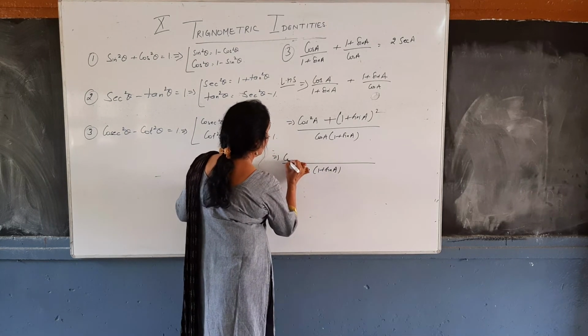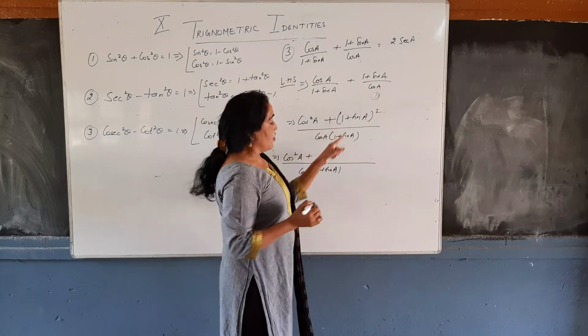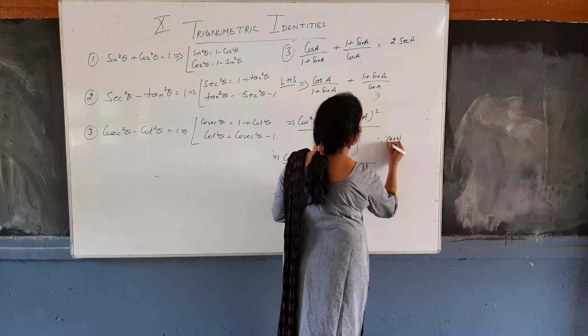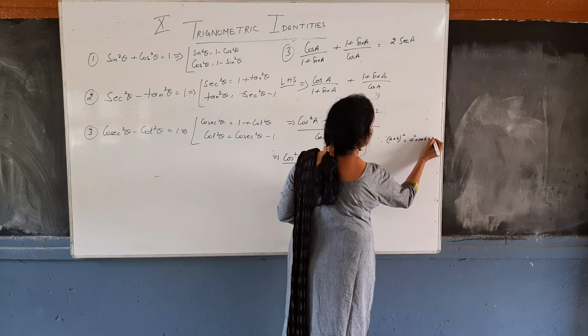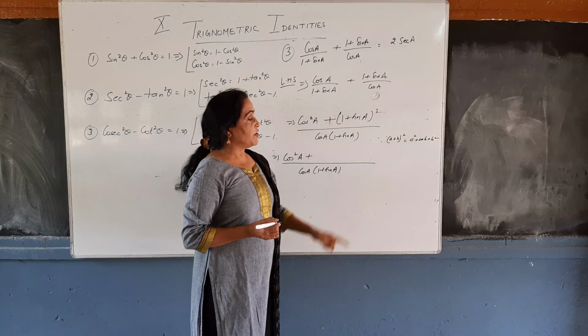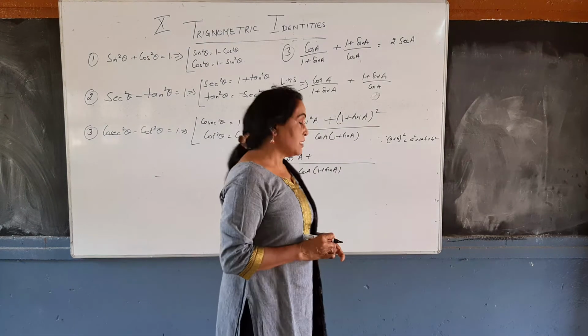Now it is here cos square A plus 1 plus sin A whole square, which is of the form A plus B whole square, equal to A square plus 2AB plus B square.